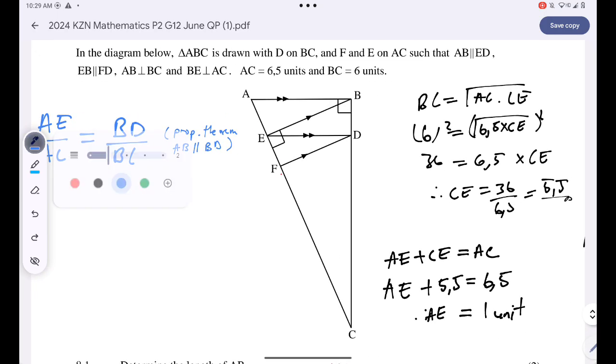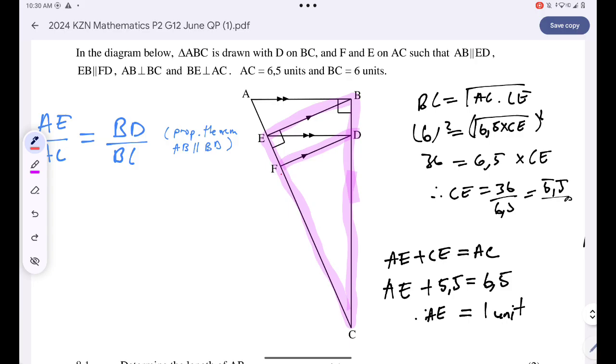And then I also know that if I check the other triangle which has parallel lines, this triangle over here, are you together? There's one side which is drawn parallel to one side of a triangle. That means it must divide the other two sides in the same proportion.